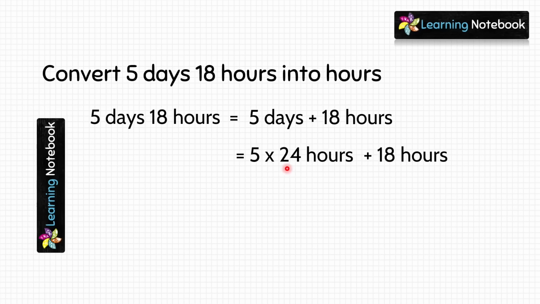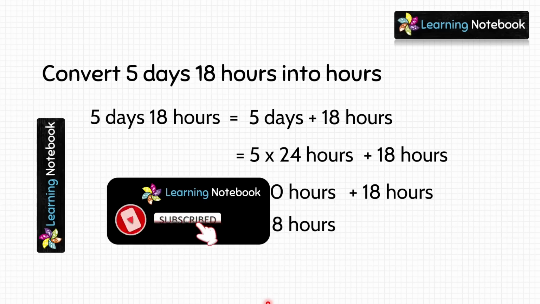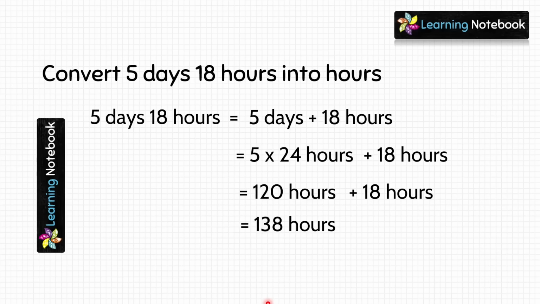Now 5 into 24 is 120. So we will do 120 plus 18 hours, which equals 138 hours. So in this way we have converted 5 days 18 hours into 138 hours.